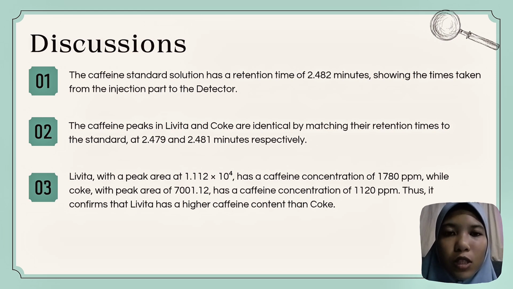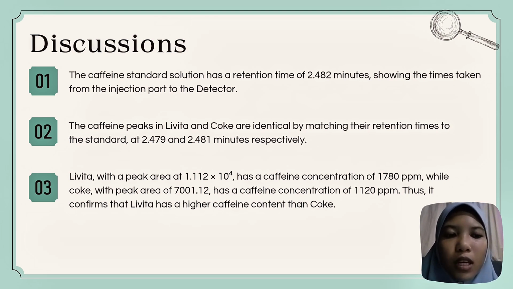For the next part, which is discussion, the caffeine standard solution has a retention time of 2.482 minutes, showing the time taken from the injection part to the detector. The caffeine peaks in Levita and Coke are identified by matching the retention times to the standard at 2.479 and 2.481 minutes respectively.